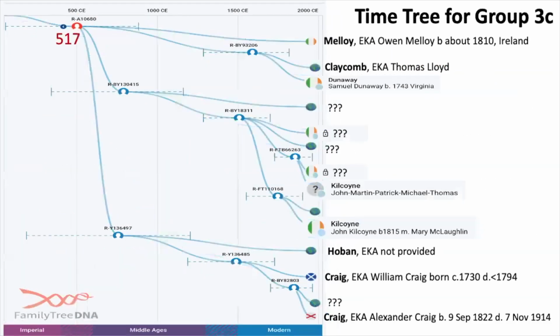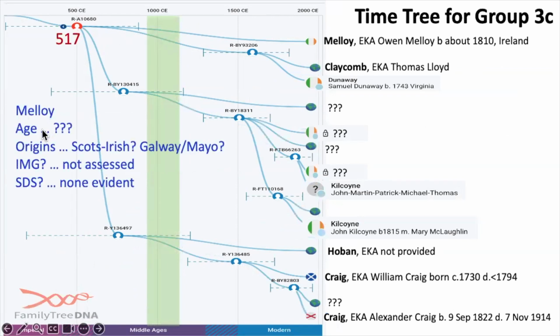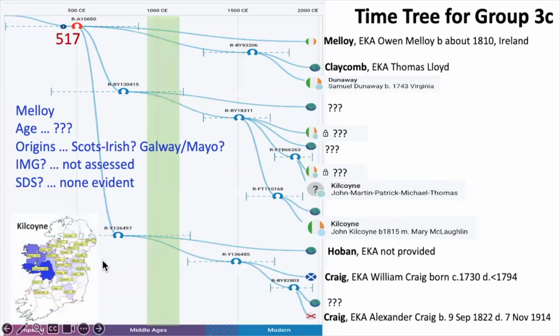Group 3C, we have the Malloy up here, and that's when surnames arose, 950 to 1150. And we only have this one person in the group. We don't know for how long he's been carrying the Melly surname or Melloy surname, but he might be Scots-Irish. There is Kilcoyne here, so he could be Galway Mayo, and there's the surname distribution map for Kilcoyne.